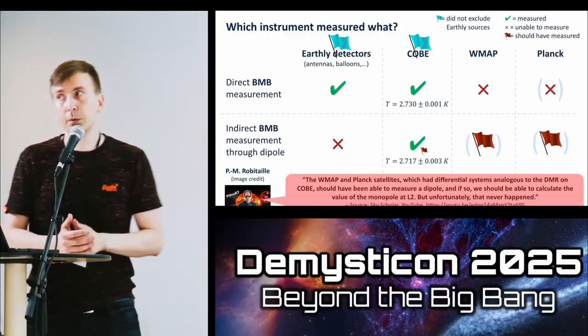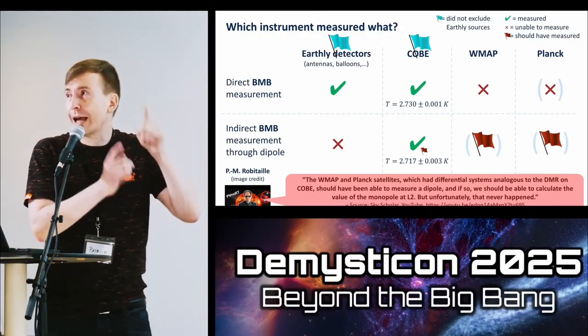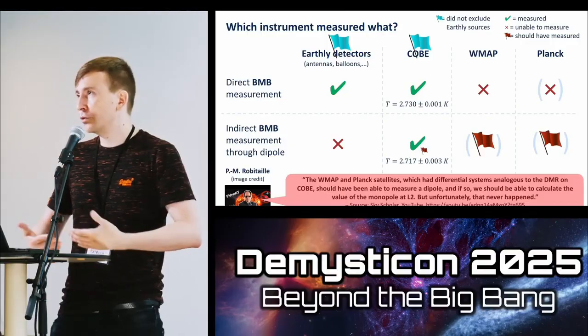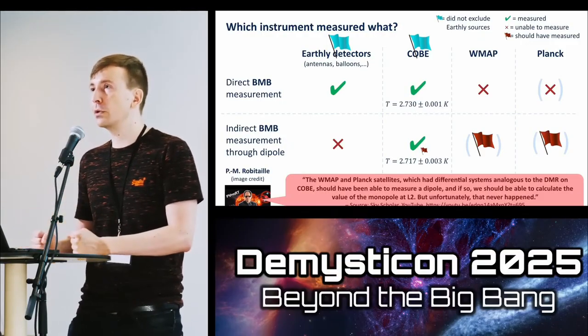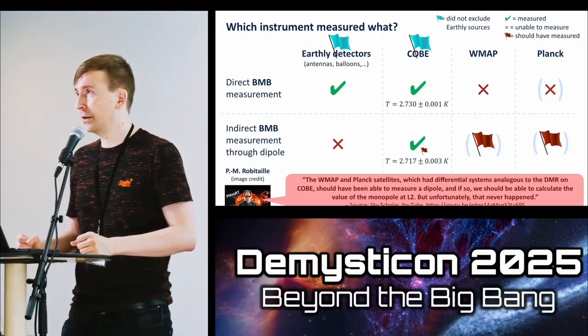Instead, the teams from WMAP and Planck, they used the data of COBE to calibrate their dipole. This tells you a lot about how trustworthy they think their own instrument is. They cannot even isolate the dipole from it and say, like, we're now going to compare it with COBE and see how well they compare.